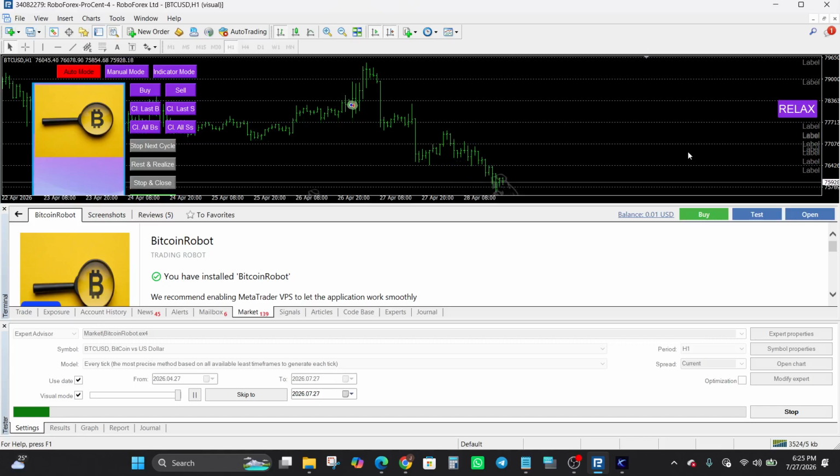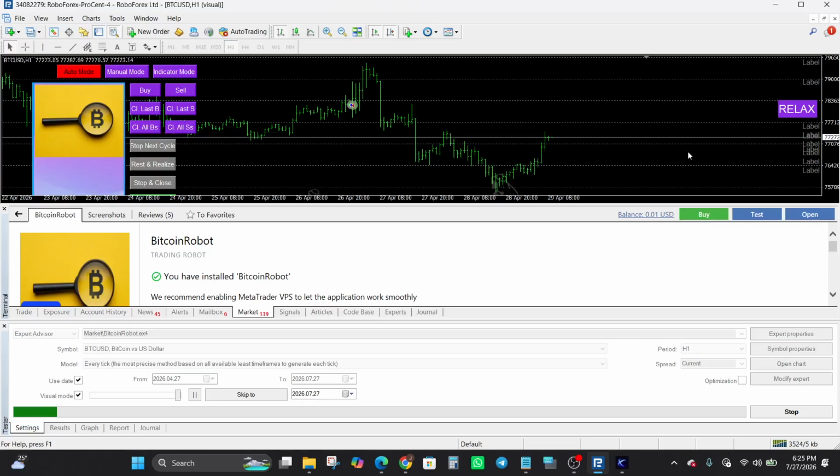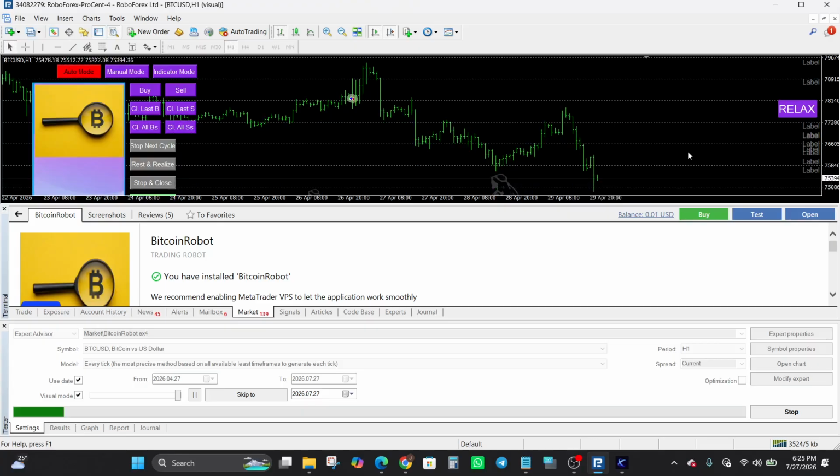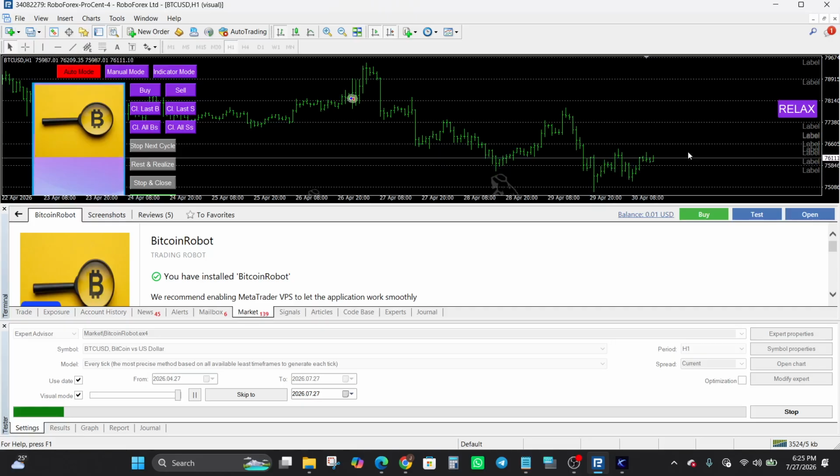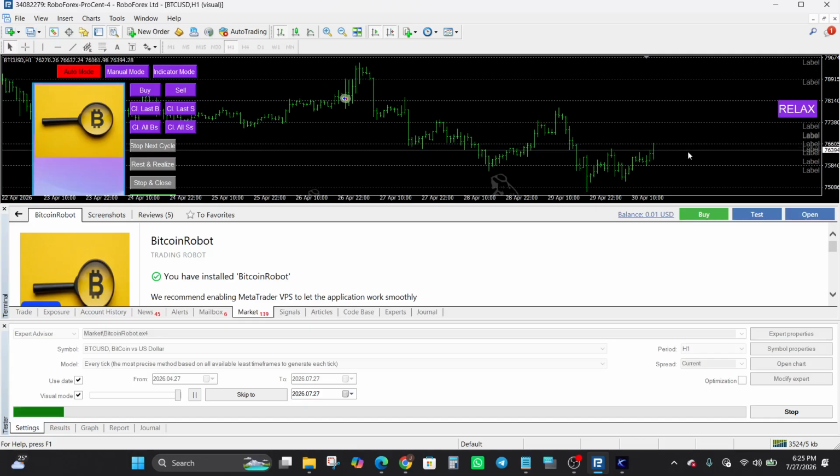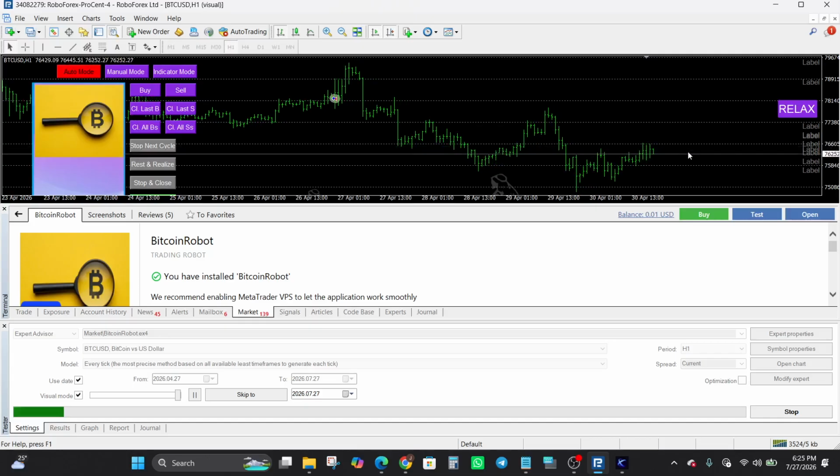Okay, so overall, based on the marketplace information, BitcoinRobot EA for MT4 includes several automation and risk management features described by the developer. But this particular historical backtest does not provide enough trading activity to properly assess those claims.